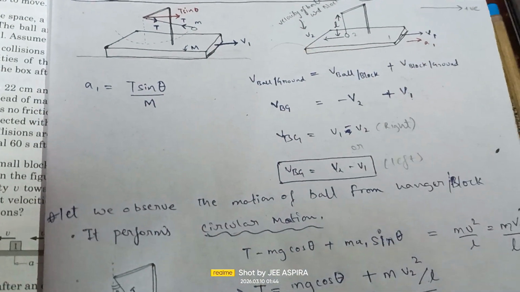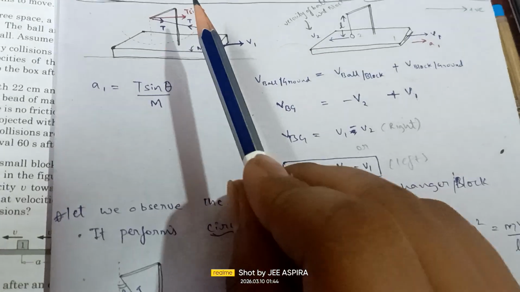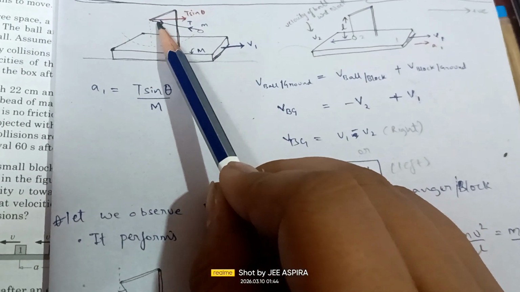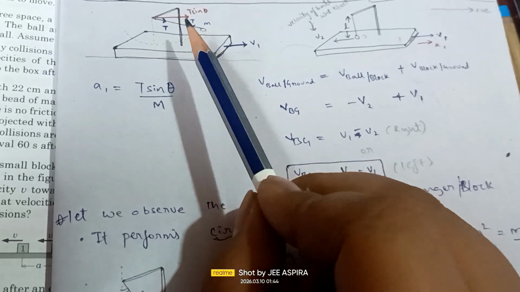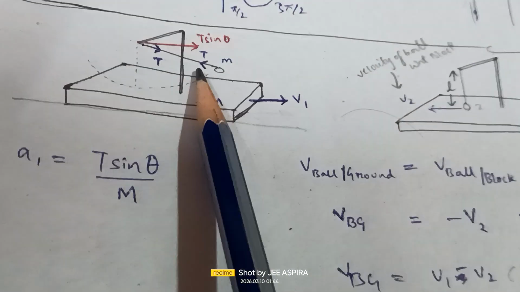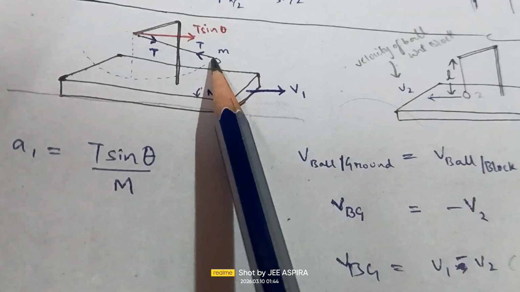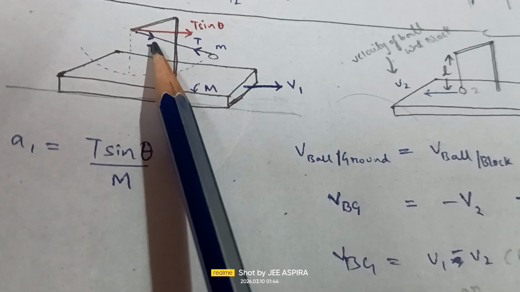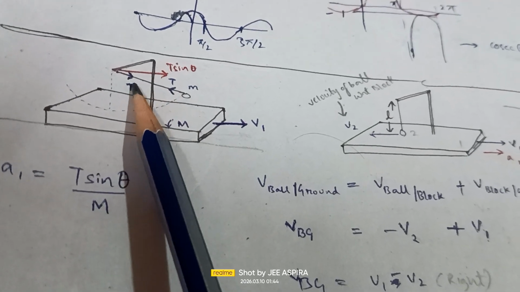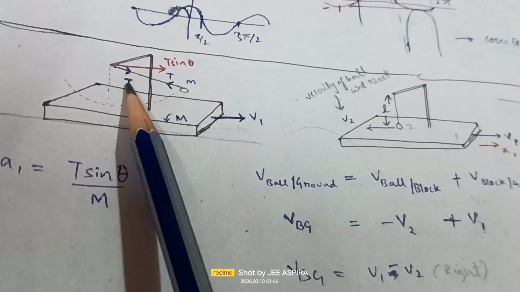So the thought will come about momentum conservation. Let's see, this is the hanger and this is the cord which is attached with the smaller mass. There will be a tension force acting on the small mass, and an equal and opposite tension force on the block.